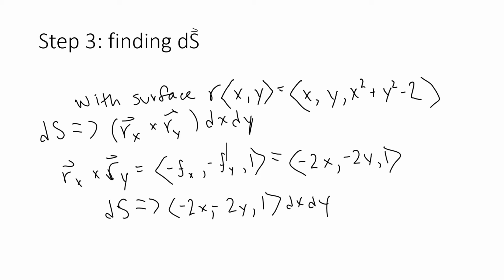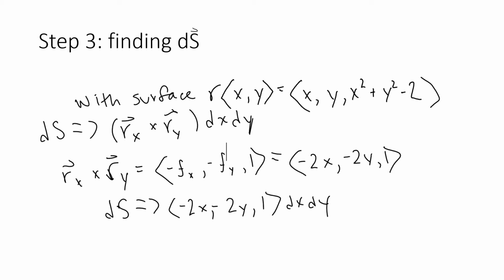So now we want to find our dS. We have our surface already, which we figured out a while ago: x squared plus y squared minus 2. Now we need to find the cross product of the derivative of the vector with respect to x and the derivative of the vector with respect to y, times dx dy.